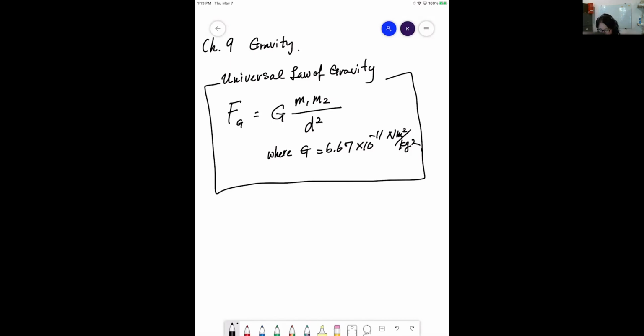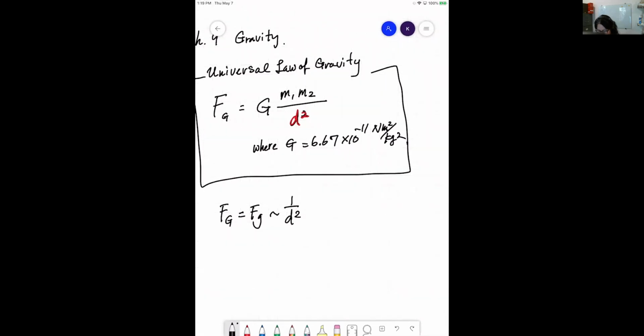So the gravitational force, Fg, depends on 1 over d squared. Whenever you have a 1 over something squared, that's called the inverse square law. It's following the inverse square.